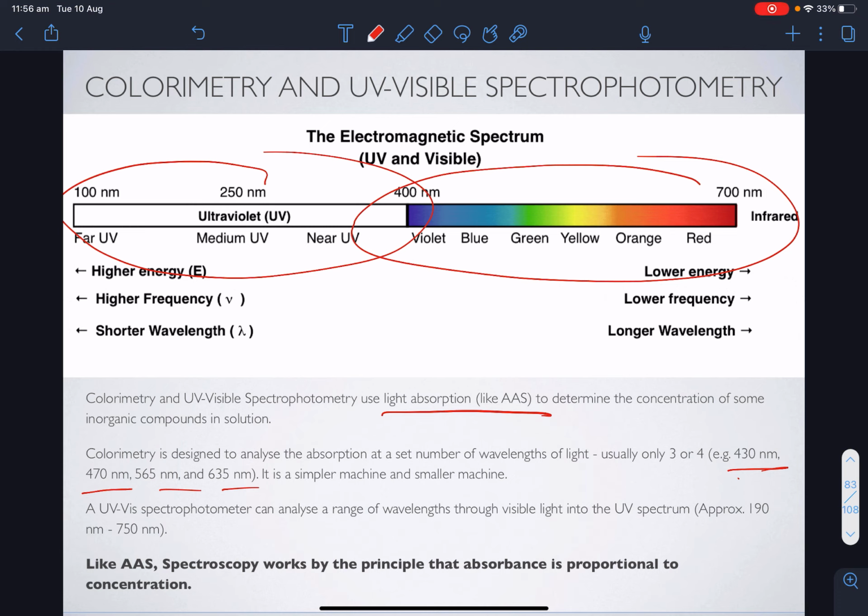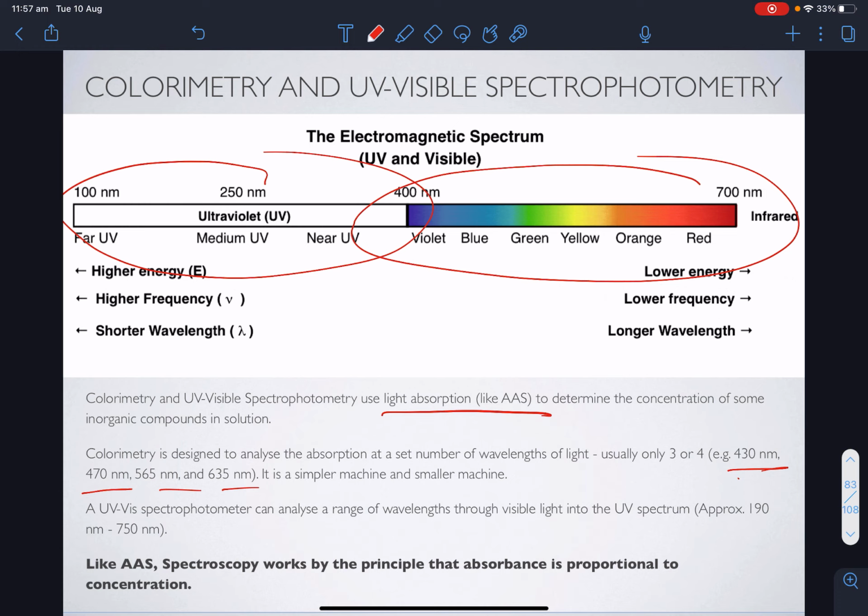So it can only produce a set number of wavelengths. It's only got a set number of diodes in there probably. And so it just produces that light and looks at the light intensity going into a sample compared to the light intensity coming out of a sample, because some of it would have been absorbed, and doing the calculation. So that's a colorimeter. It's limited to the light that's coming through, only a few set wavelengths.